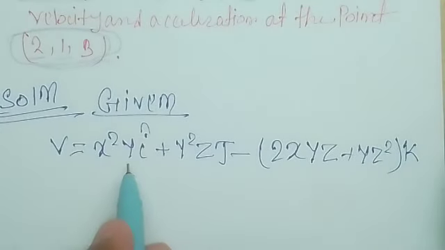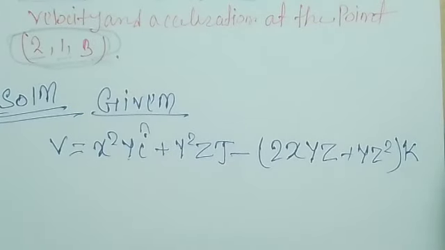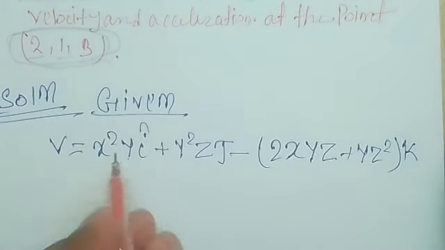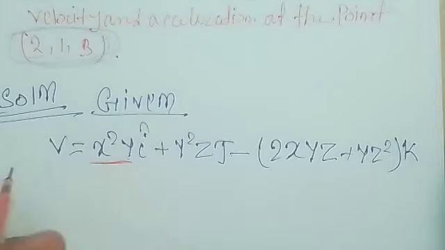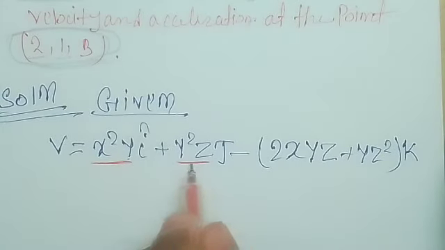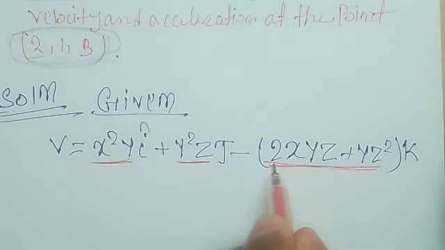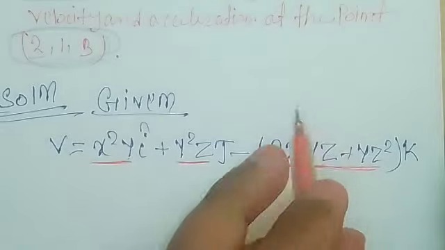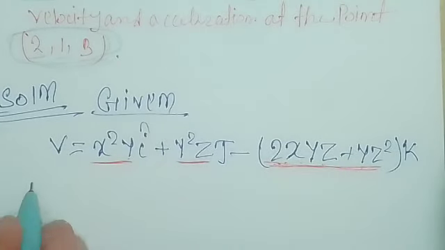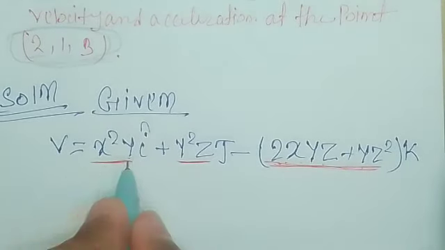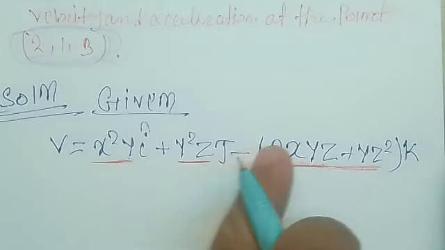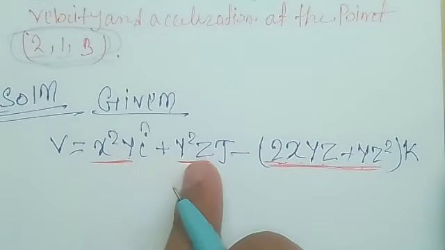The i coefficient is x square y, the j coefficient is y square z, that is positive, positive, and the k coefficient is this one, that means minus 2xyz minus yz square. Got it? So the i coefficient is u, this is v, this is w, u i plus v j plus w k.